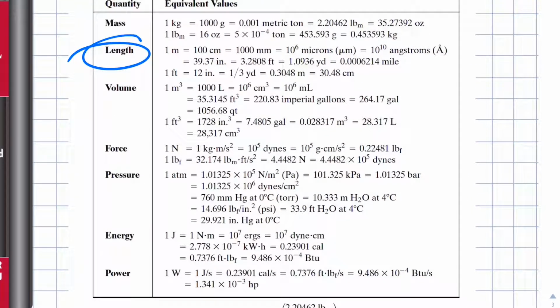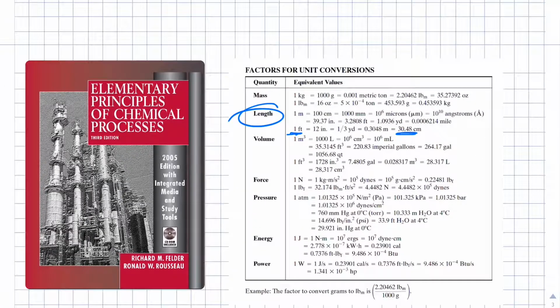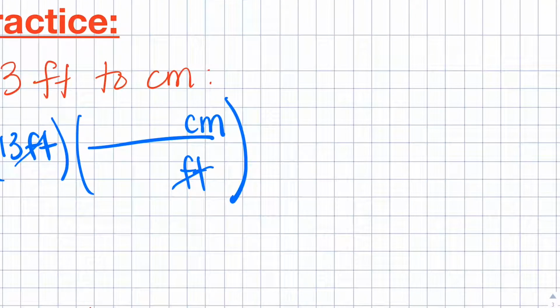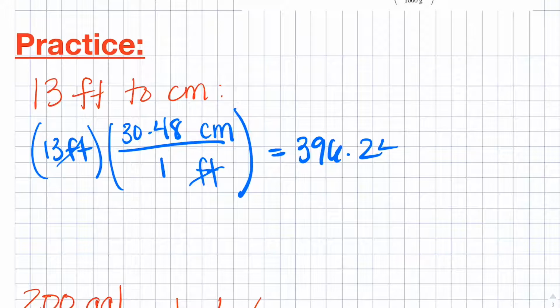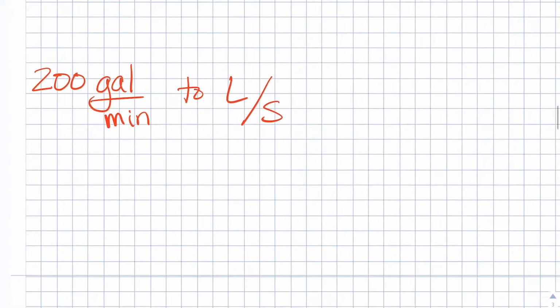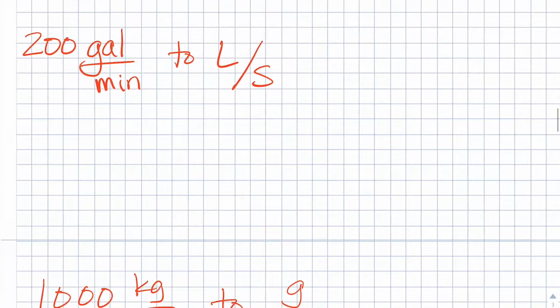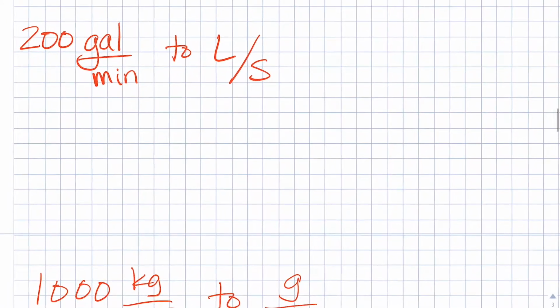Looking at length here, we can see that 1 foot is equal to 30.48 centimeters. So coming back here, we can say that 1 foot is equal to 30.48 centimeters. Multiplying that out, we can find out really easily that that is 396.24 centimeters.